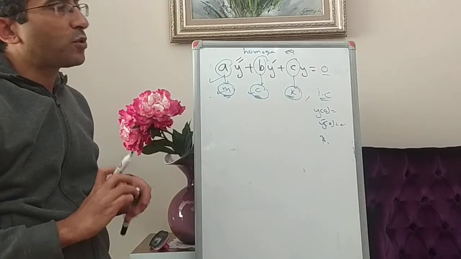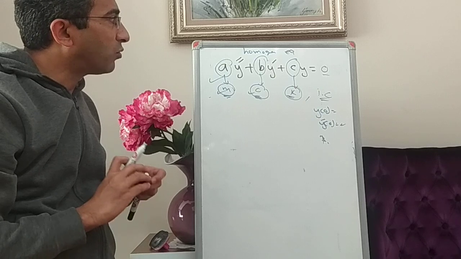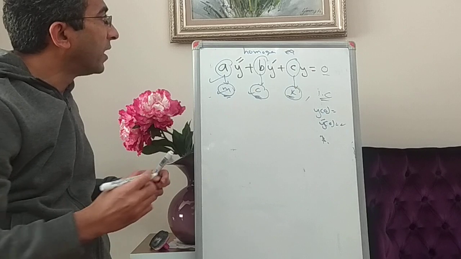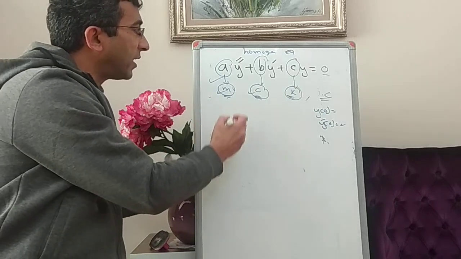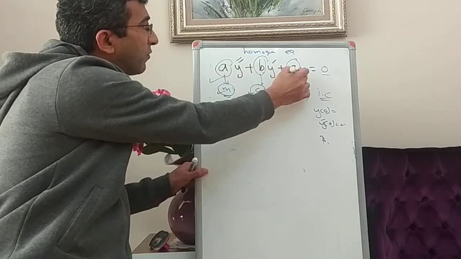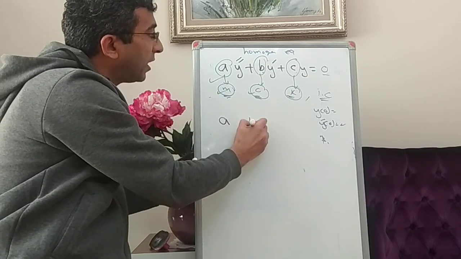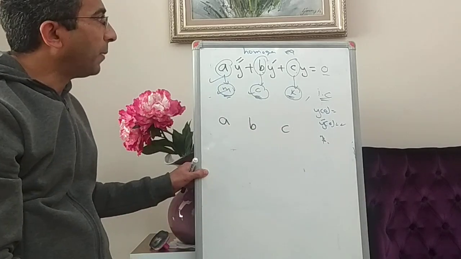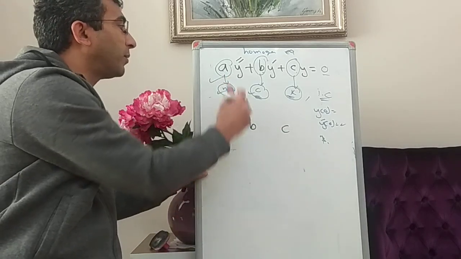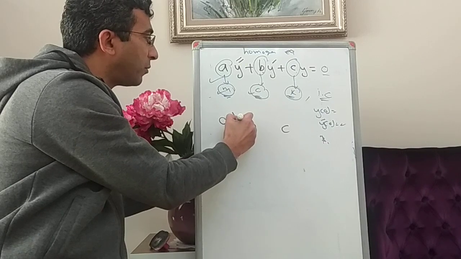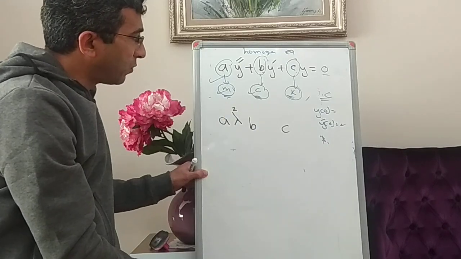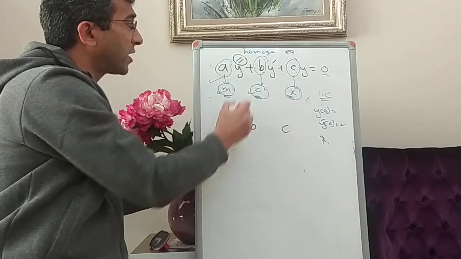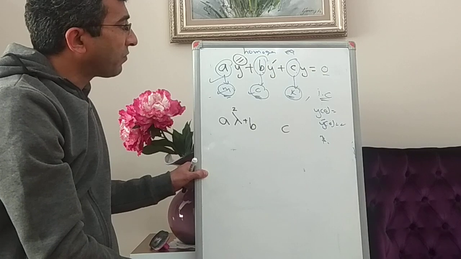To solve these types of equations, we need to write what we call the characteristic equation of the system. You just write it like this. You keep the coefficients the same, A, B, and C. Suppose you select some numbers here. Instead of y double prime, I write the new variable lambda squared, because I have a second derivative, so I write a quadratic equation.